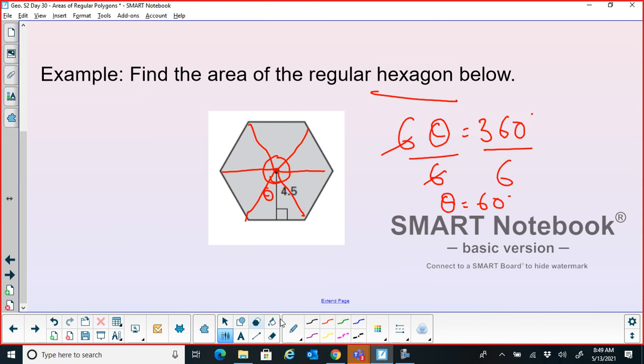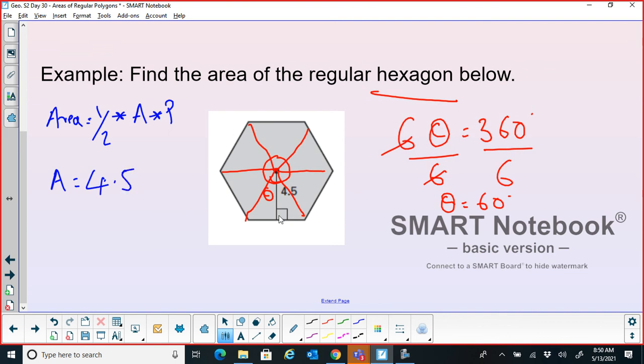We already learned the formula for area is a little different, right? What is the formula of area? Area equals half of apothem times perimeter. I already know the apothem is 4.5. I don't know the perimeter.